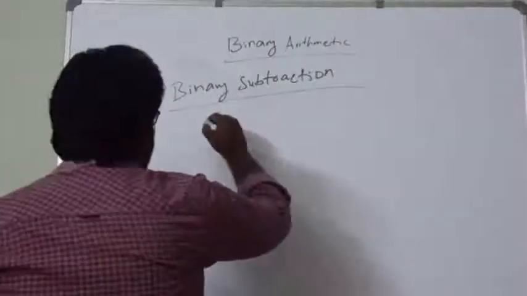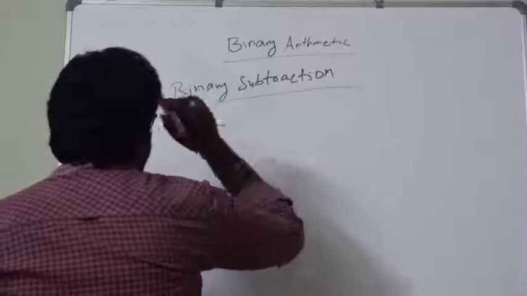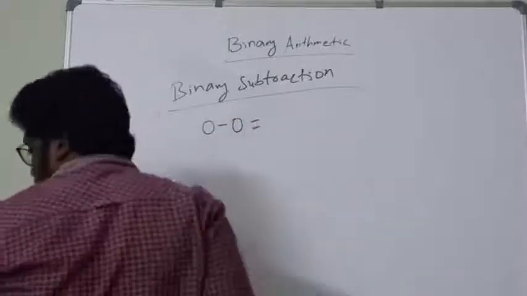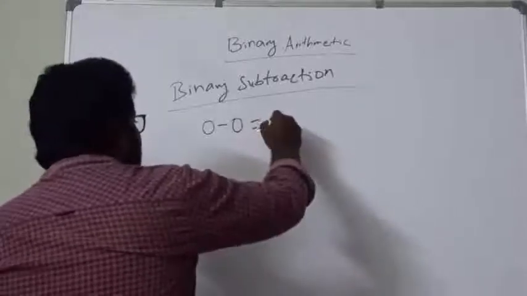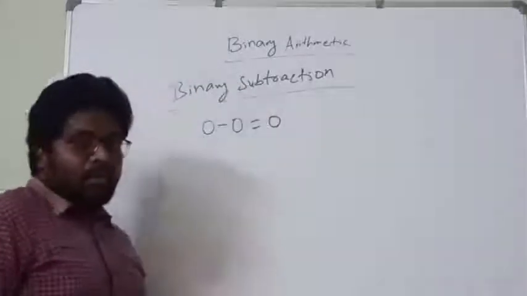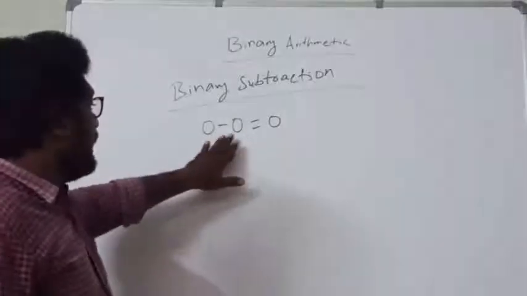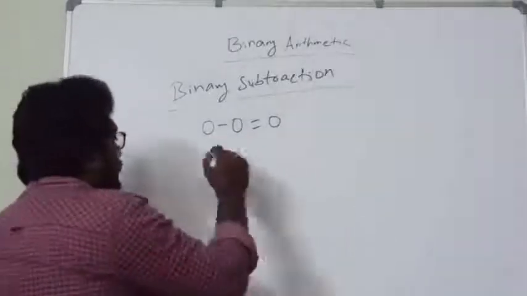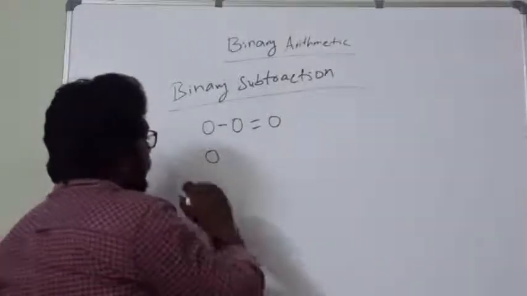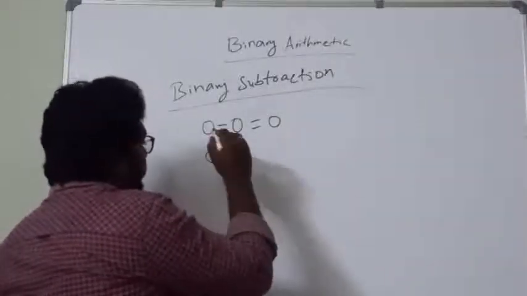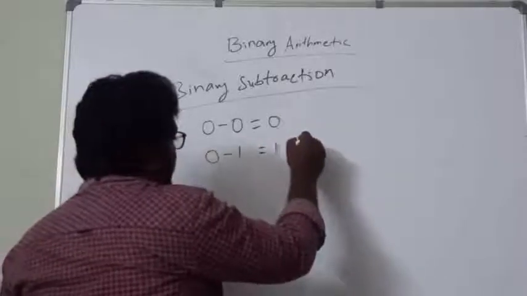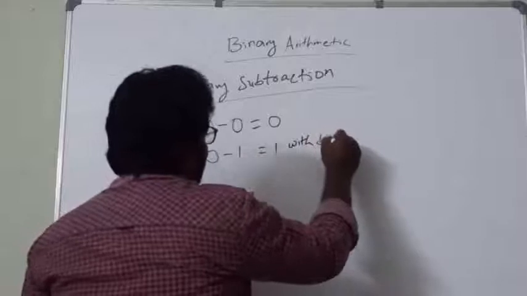When we are subtracting the lower bit from the lower bit, the resultant will be 0. When we are performing the subtraction of the higher bit from the lower bit, the resultant will be 1 with borrow 1.